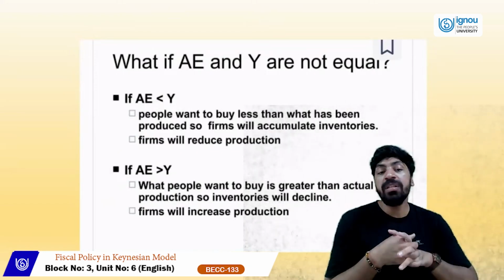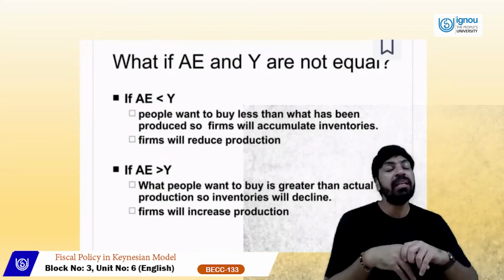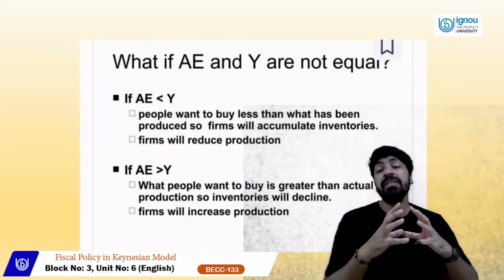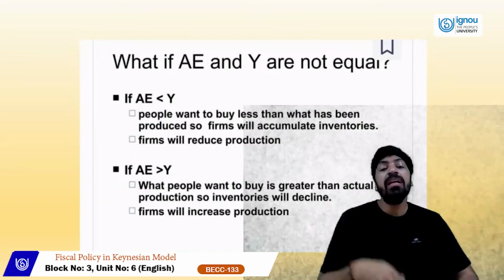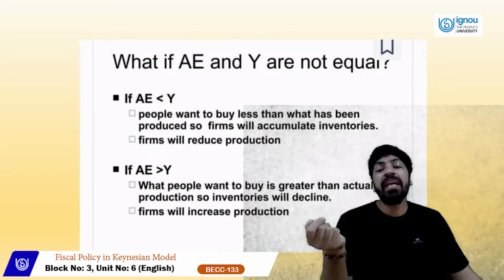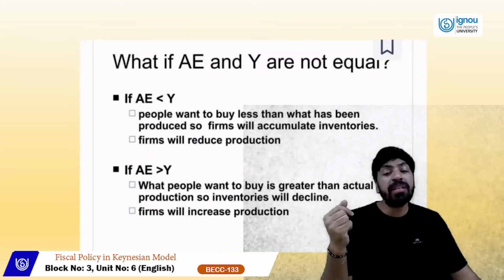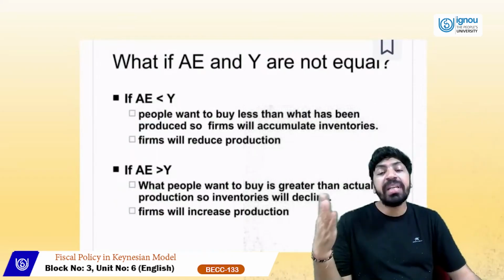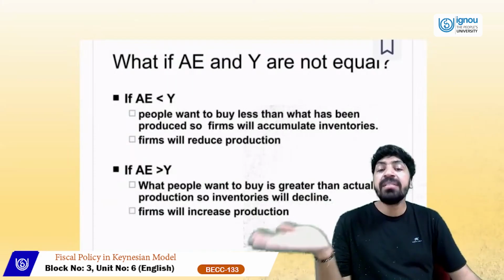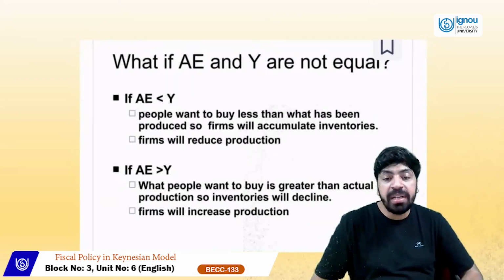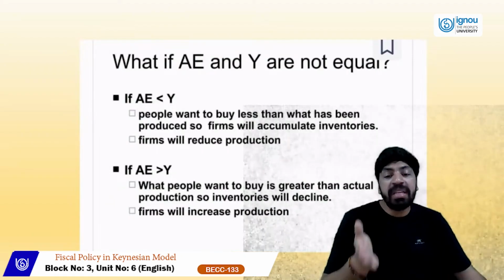The next situation is when aggregate expenditure is more than the income, then ultimately the firms will increase the production. That means people increasingly want to buy, and it is greater than the actual production. So automatically, the stock in the warehouses will decline as people are buying all those quantities available in the stock.